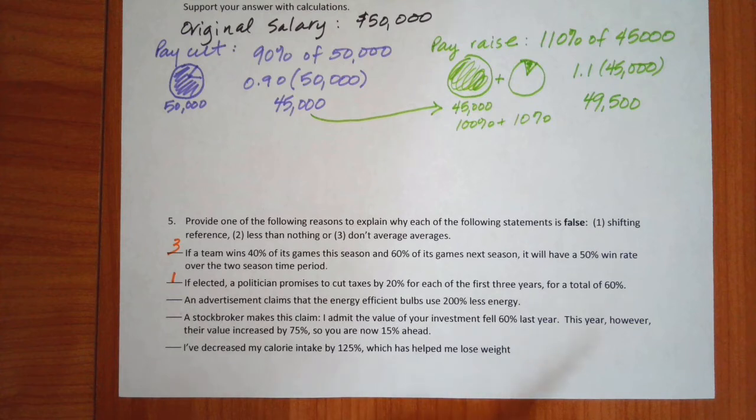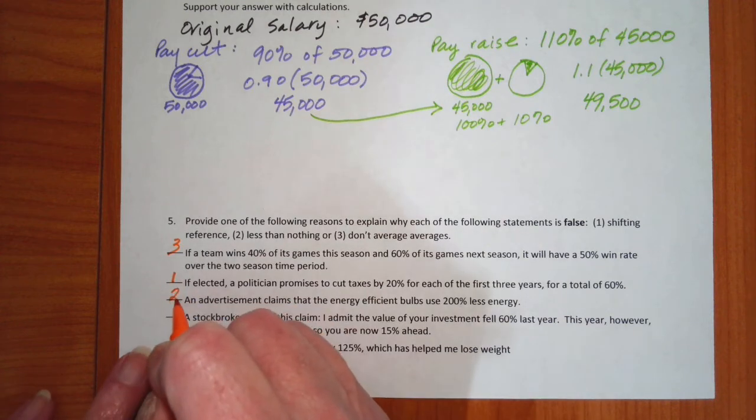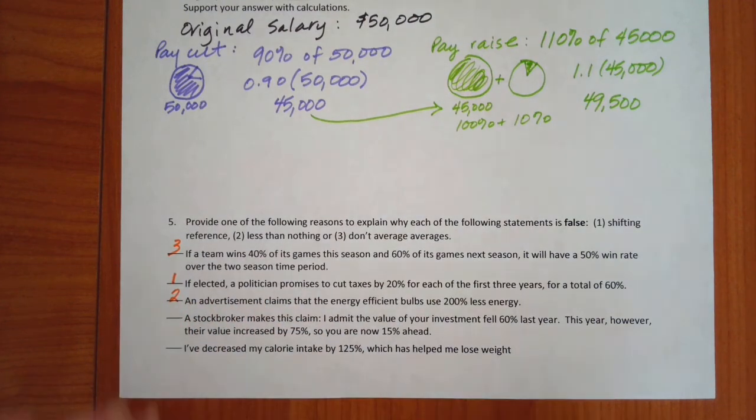An advertisement claims that the energy efficient bulb uses 200% less energy. That can't happen. If it was 100%, then it would use no energy at all, but that's not what's going to happen.